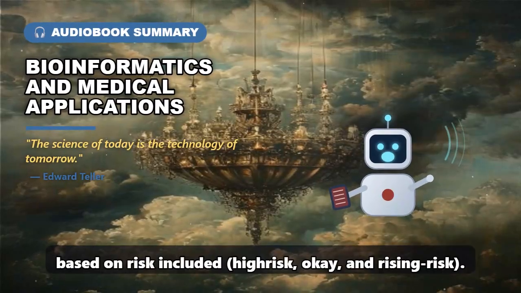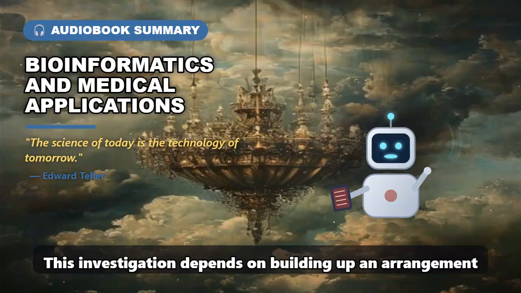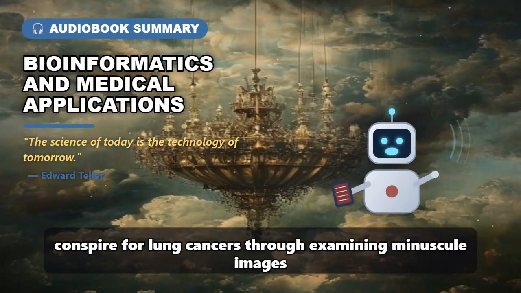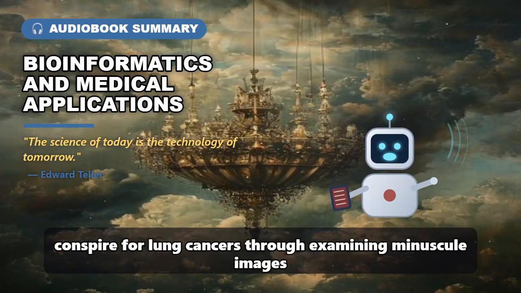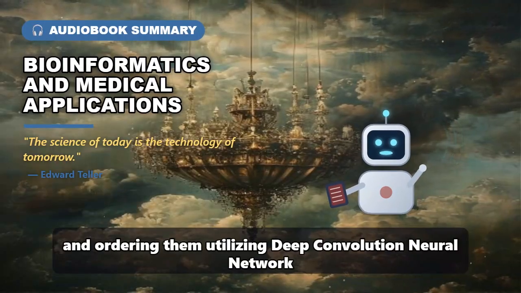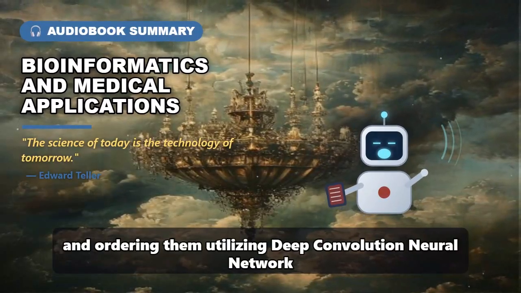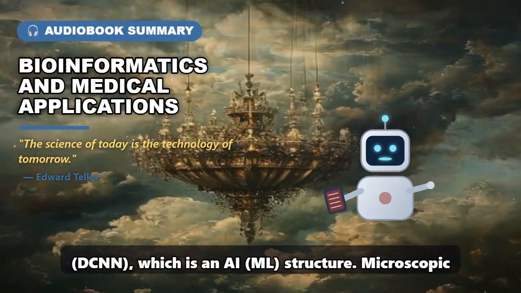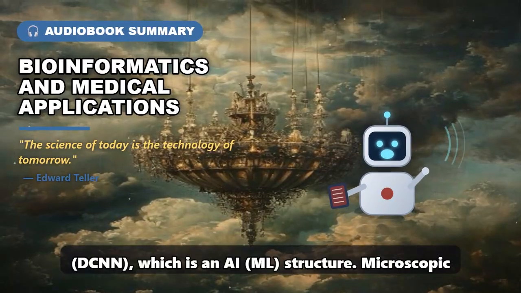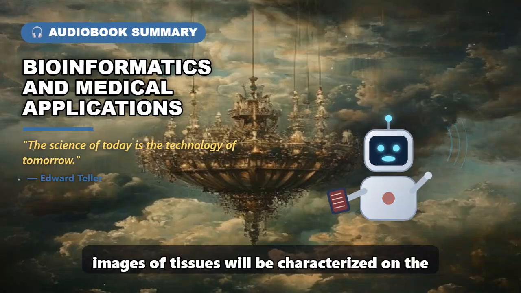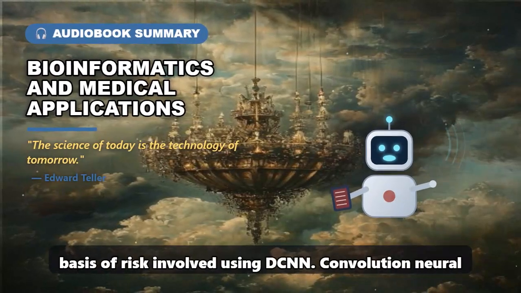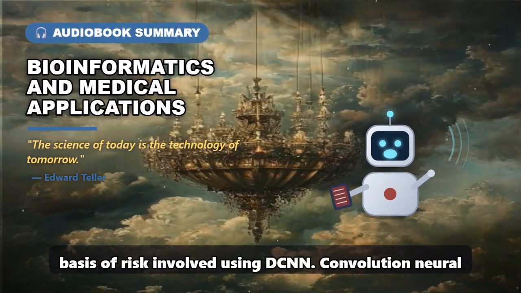This investigation depends on building up an arrangement conspire for lung cancers through examining minuscule images and ordering them utilizing Deep Convolution Neural Network, DCNN, which is an AI, ML, structure. Microscopic images of tissues will be characterized on the basis of risk involved using DCNN.